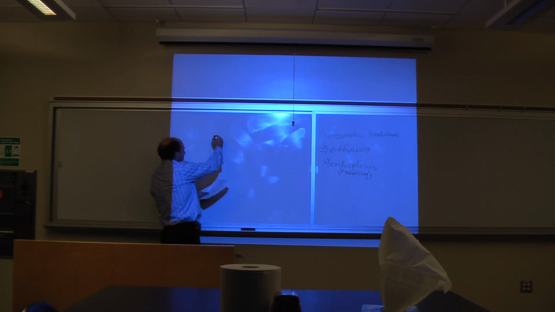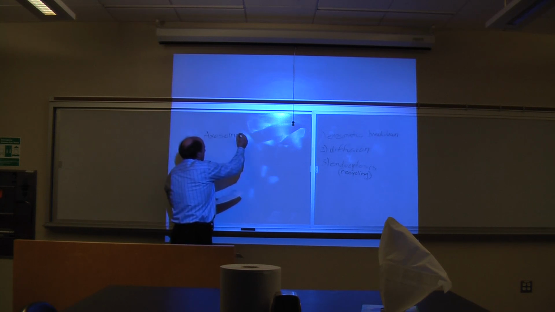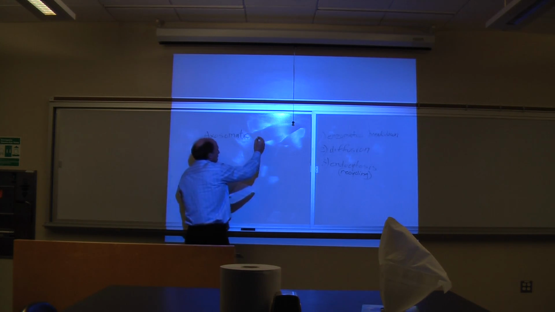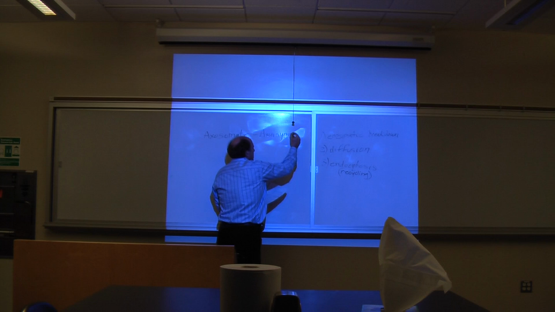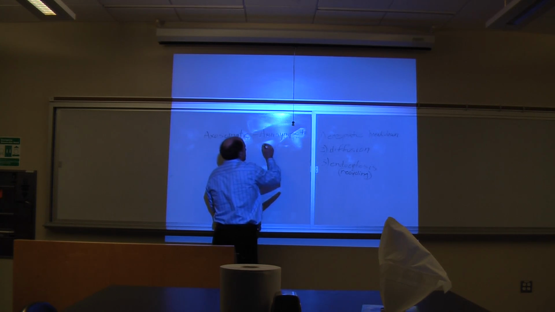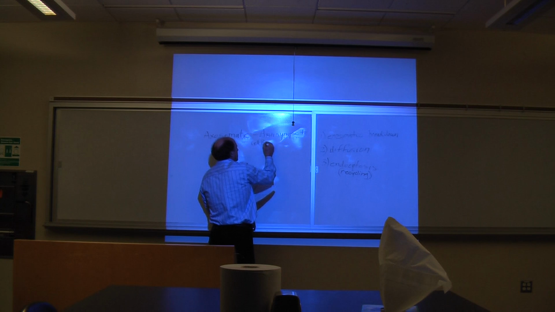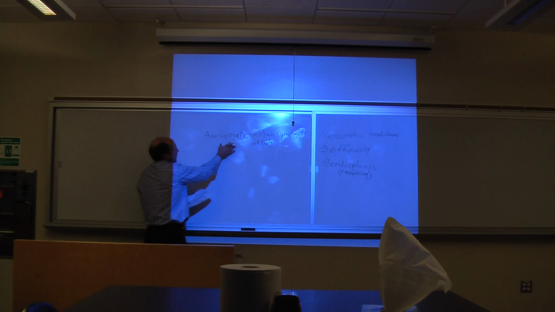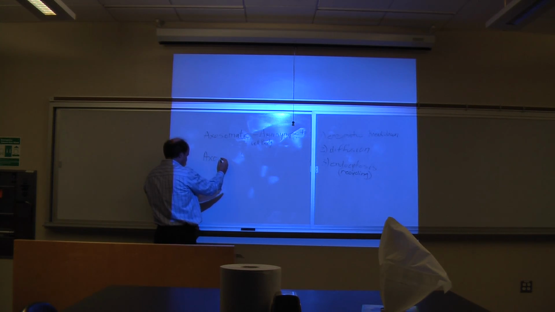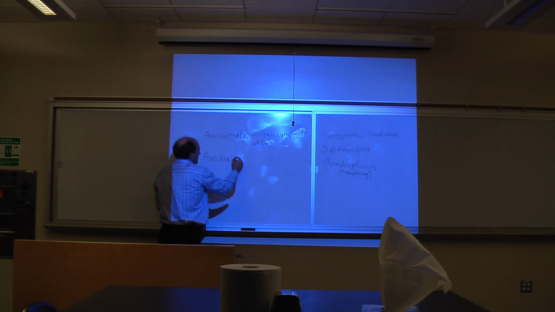So an axon that synapses with the cell body is called axosomatic. Right? Somatic. So axo for axon, and then somatic for cell body. And then if the axon connects to a dendrite, it's going to be axodendritic.